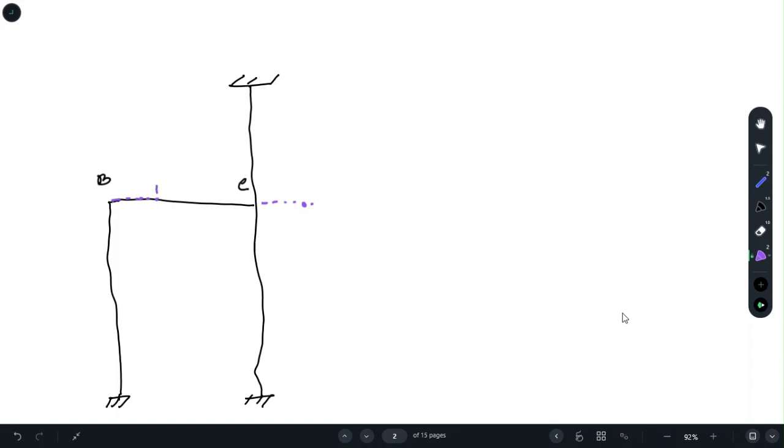Now here, these are the fixed end joints. This is the same thing. A joint of 90 degrees will remain like that. The joint will act like that. Here, the joint will act like that. At the support, it will not deflect at all. So the deflected shape will be like that. Here it is the same thing. Here it will be like that.